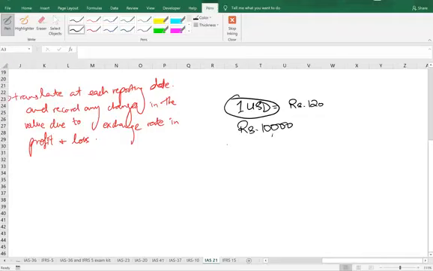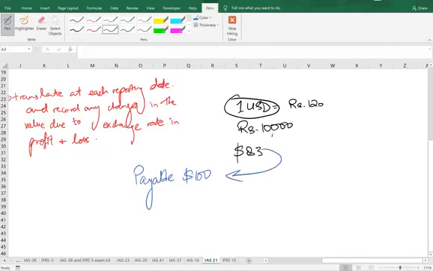I'll consider 83 only. Now, my liability at the transaction date was how much? 100. It has gone down or gone up? It has gone down at the reporting date.